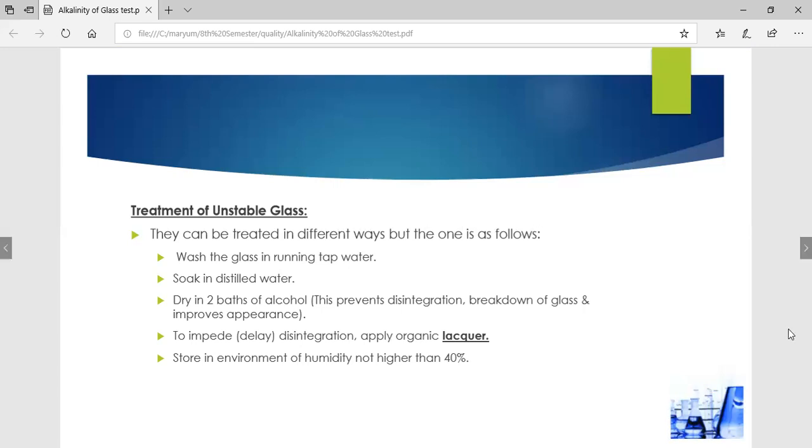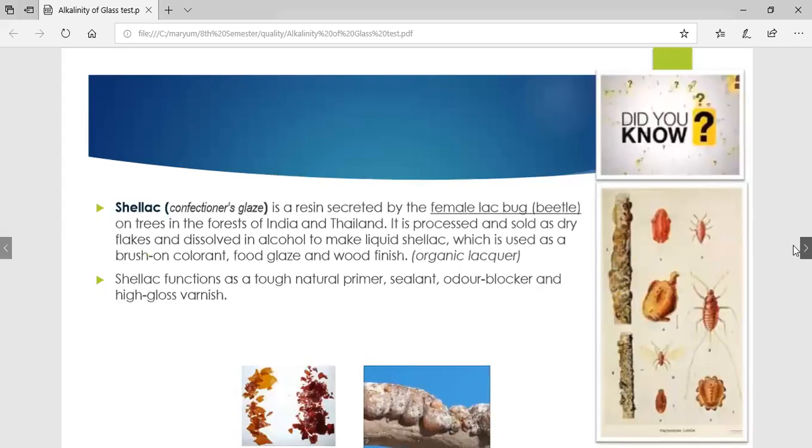So it is safe from the leaching process, and its alkalinity decreases. We have to store it where the humidity is not more than 40% to control the process of leaching.